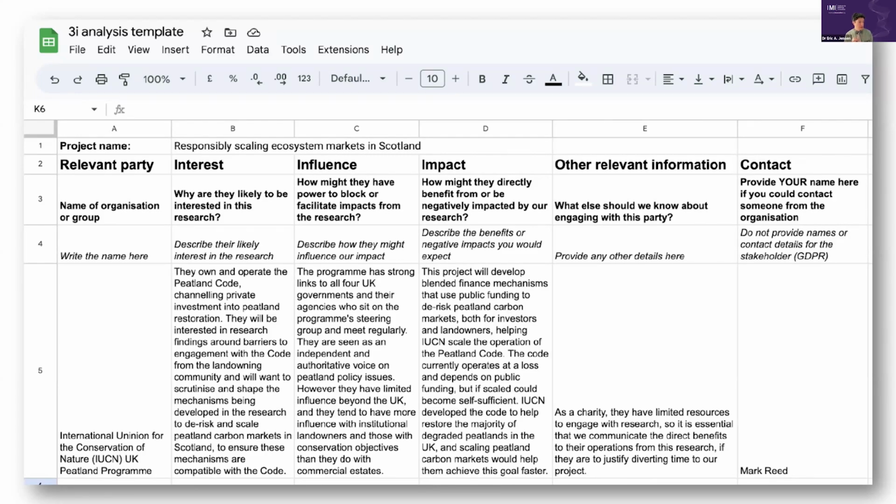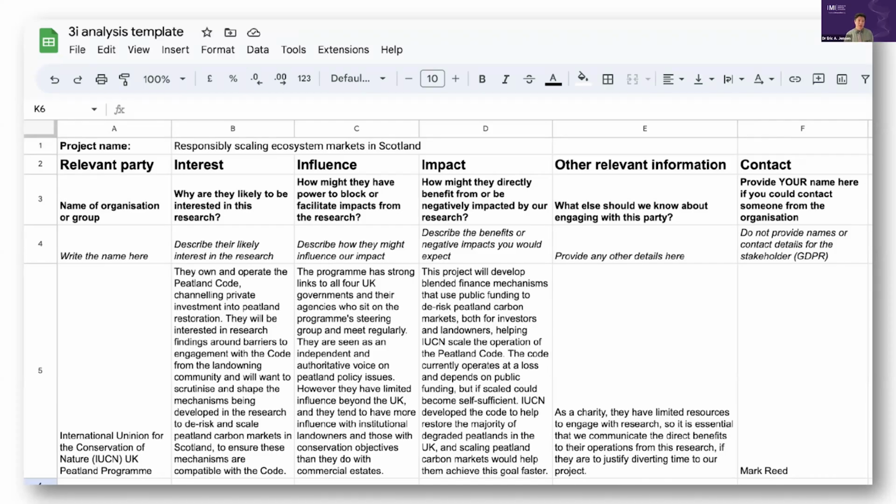He's identified the IUCN, the International Union for the Conservation of Nature, their specific program about his area of research, which is peatlands. So identifying how they're likely to be interested, why they may have influence, and then how they may be impacted by his research, and then a little bit of extra notes that would be relevant to planning for engaging them.